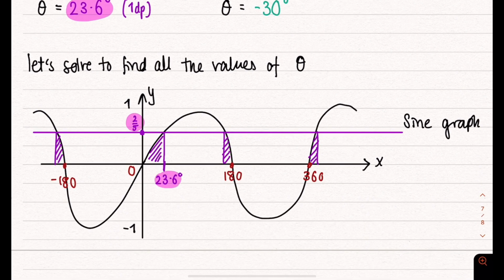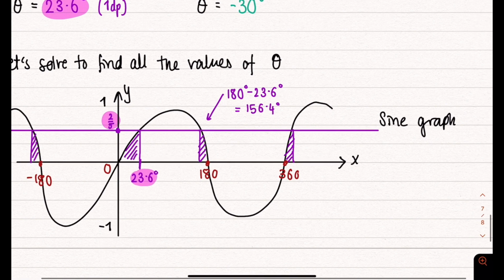So since we know that this point is equal to 23.6, therefore the gap between 0 and 23.6 degrees, we know that the shaded region is equal to 23.6 degrees. Therefore, at this point, we have 180 take away the shaded region, which is 23.6, which we obtain 156.4 degrees.